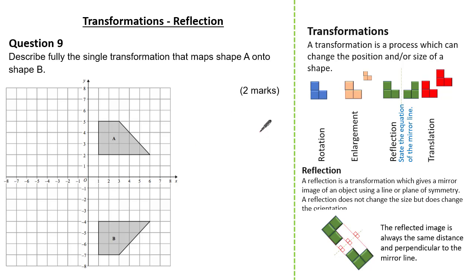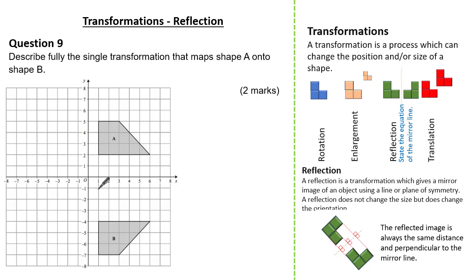Just like before, let's identify our corresponding vertices and divide by 2. Here we have the vertex, which is 1, 2, 3, 4, 5, 6 squares away from our reflected vertex. So therefore, the mirror line must be 3 squares away from each vertex.